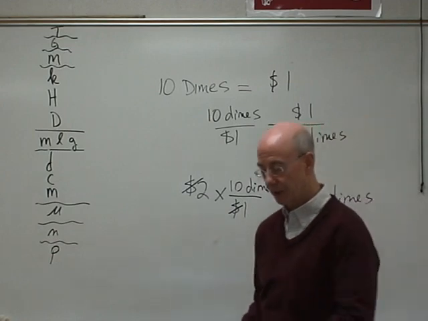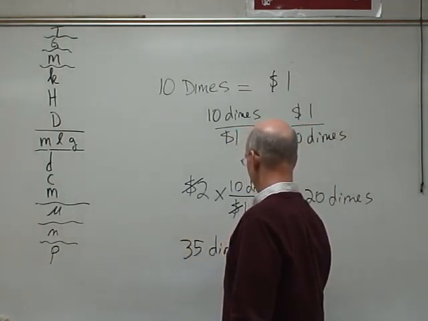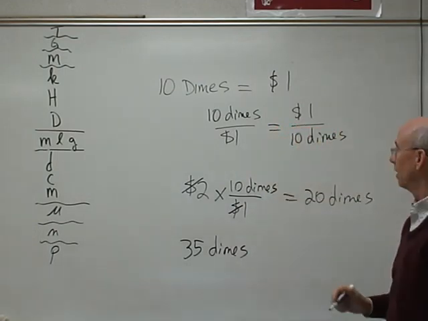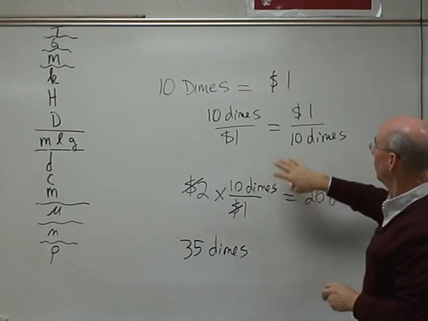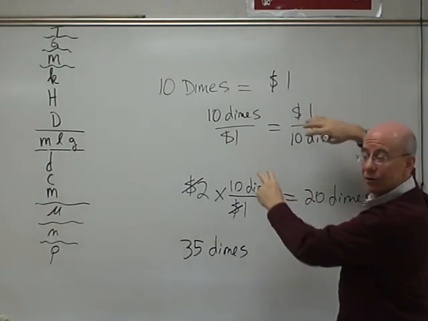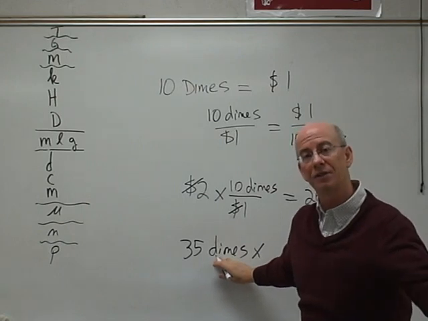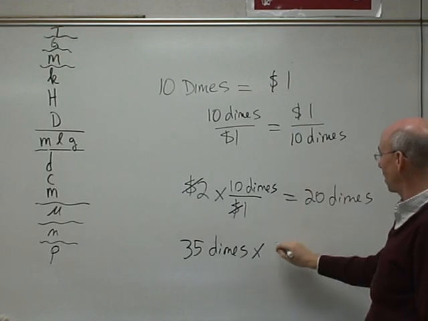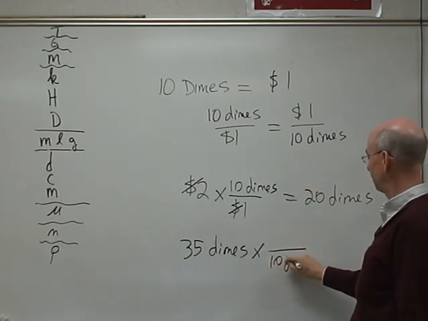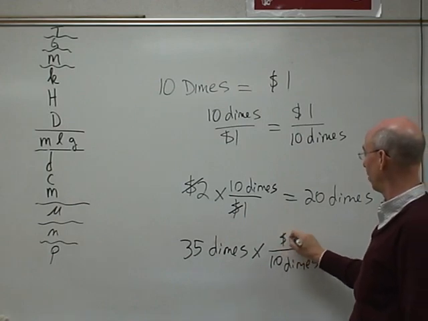Let's switch it around. Let's say that I have 35 dimes. Okay, 35 dimes. Again, I have an equality. I know that 10 dimes is $1. Okay? I need a conversion factor that I can use to get rid of dimes and end up with dollars. So dimes is on top, so I need dimes on the bottom now. 10 dimes is on the bottom, and on the top then goes the $1.